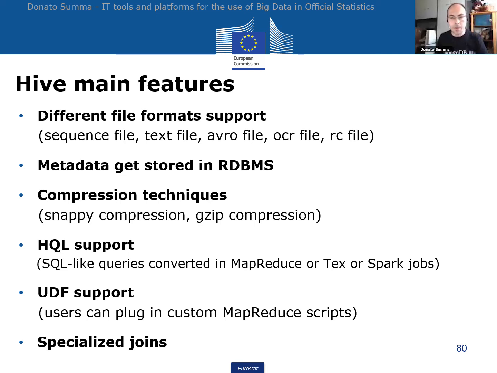But for the moment, let's resume what the Hive main features are. Hive supports different file formats. It can store metadata in a traditional database. It has compression techniques. It provides HQL support.